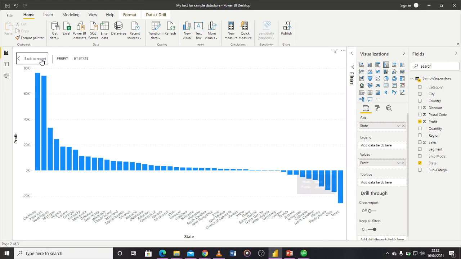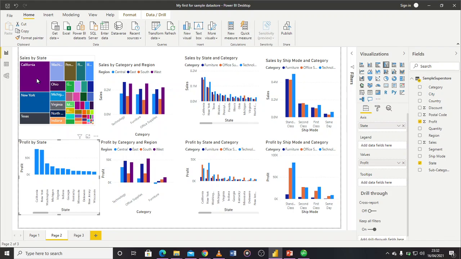That means there's a major weakness when it comes to making profits in that particular state, and thus what can be done about it. California also has the highest sales, but the lowest sales is North Dakota.